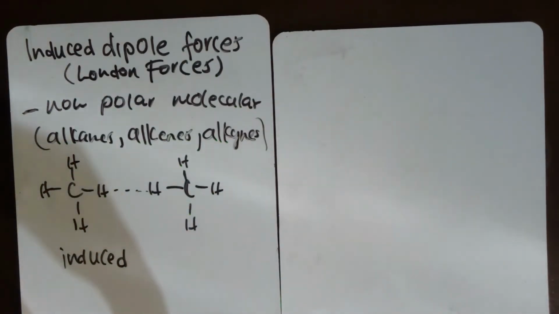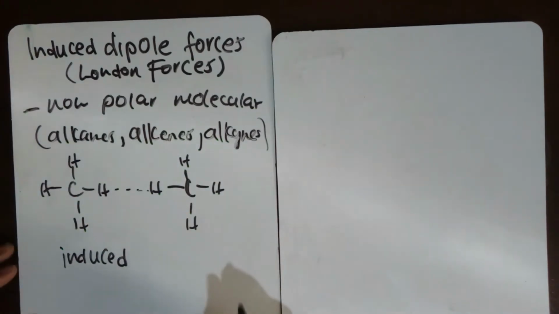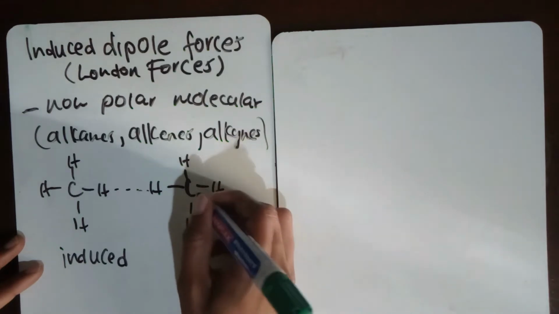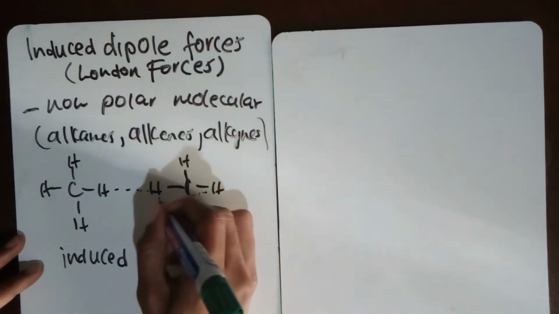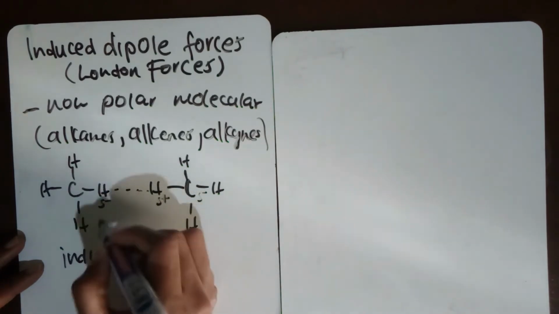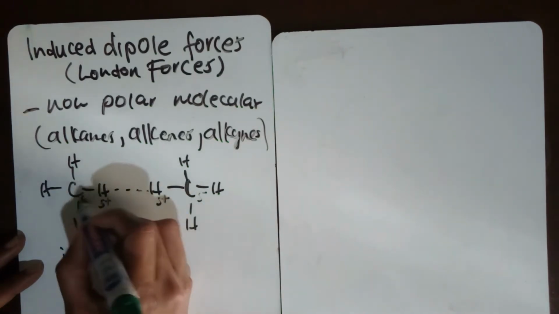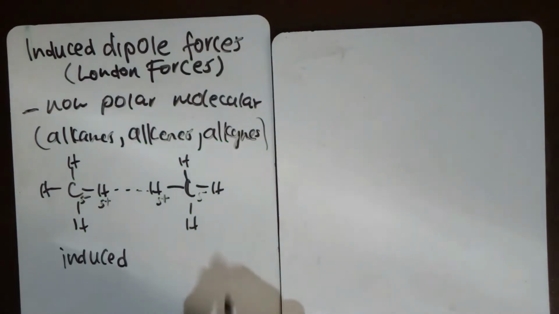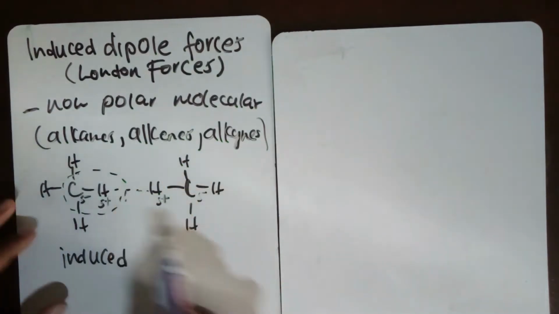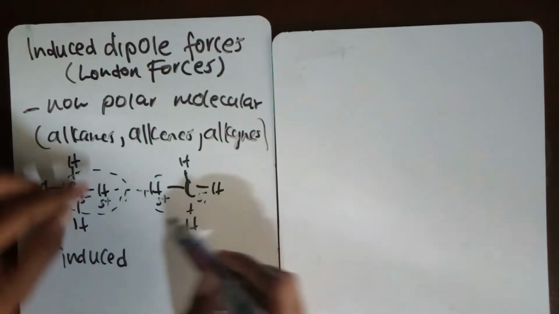And then these dipoles will be attracted to each other. So for example, this one might be slightly negative, and then this one will be slightly positive, and maybe this one might be slightly positive, and then this one will be slightly negative. So it will form a sort of temporary dipole, and then these two dipoles will then be attracted.